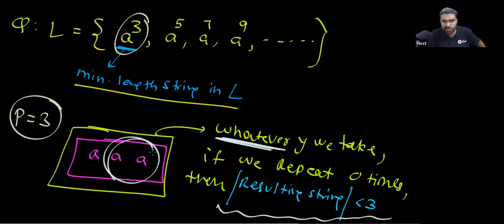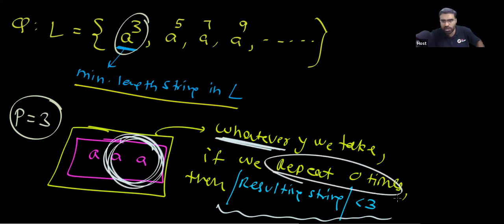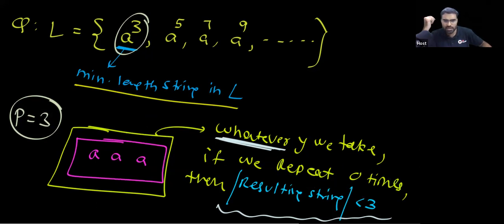If I take this y and repeat 0 times, the length of the resulting string will be 1. So the resulting string length will be less than 3. If a string has length less than 3, can it belong to L?